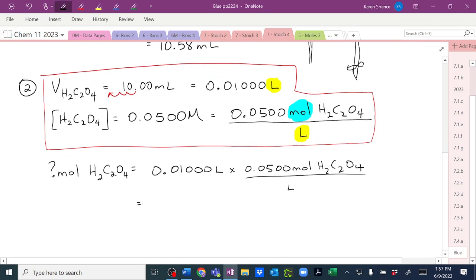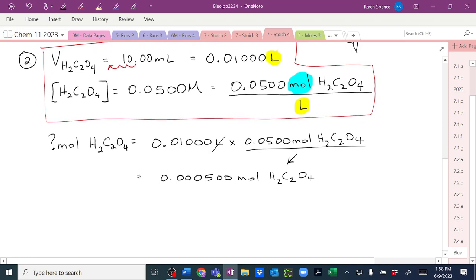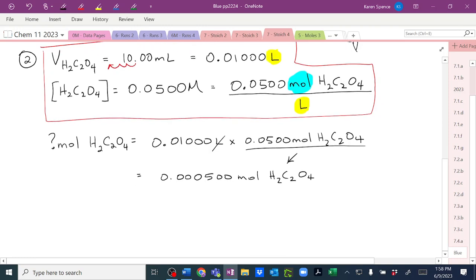We do that calculation and we get, let's see, 0.01 times 0.05 equals 0.000500. The liters cancel and we're left with moles of H2C2O4. So that was finding moles of A, which is our known substance.